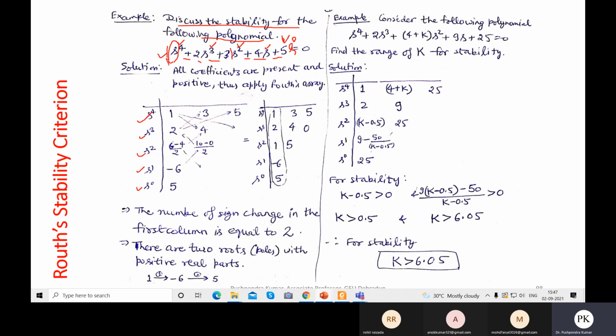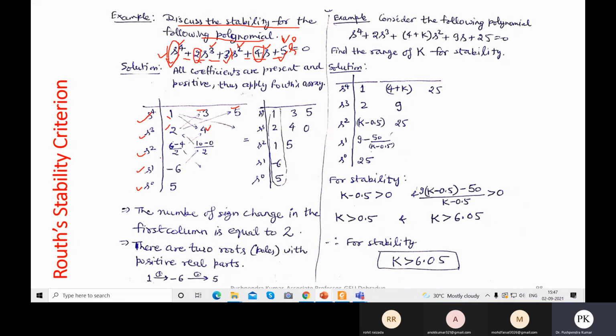So we have 1, 3 and 5, and we write here 1, 3 and 5. The remaining we put in the second row: 2 and 4.